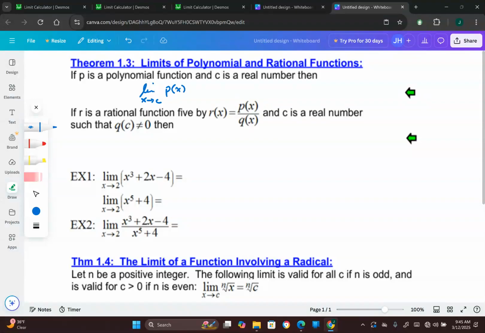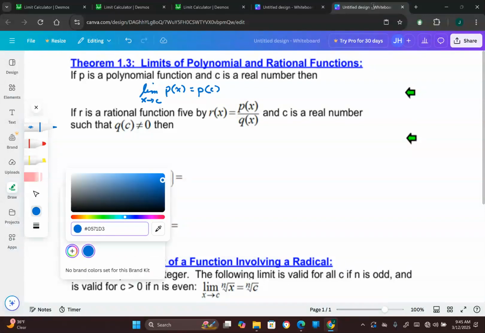What is the limit of a polynomial? Well, a polynomial is continuous everywhere, so it is well behaved everywhere. So all you have to do with polynomials is just plug in the number. Your limit is just going to be p of c.